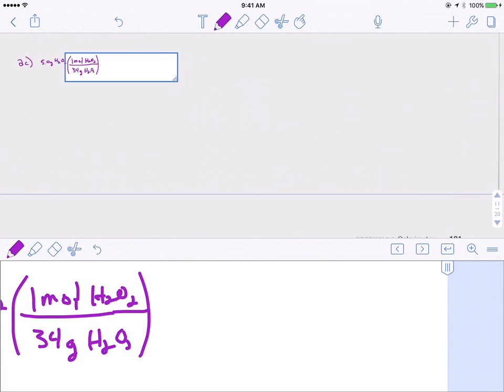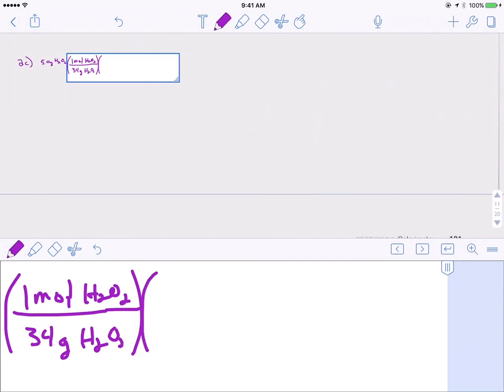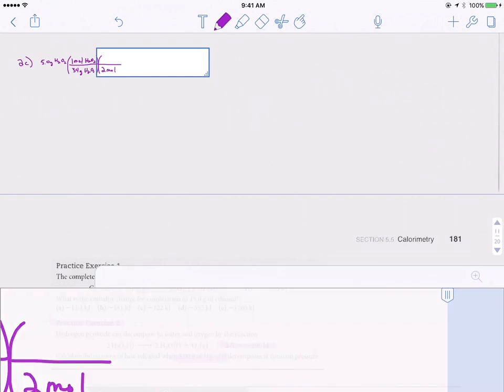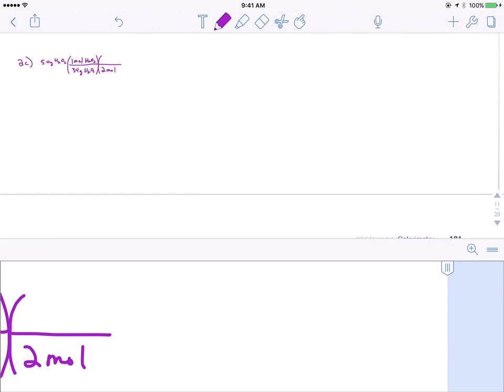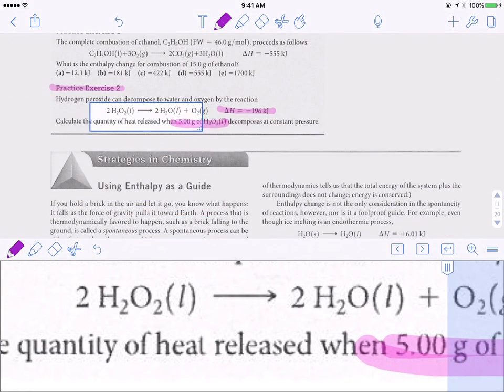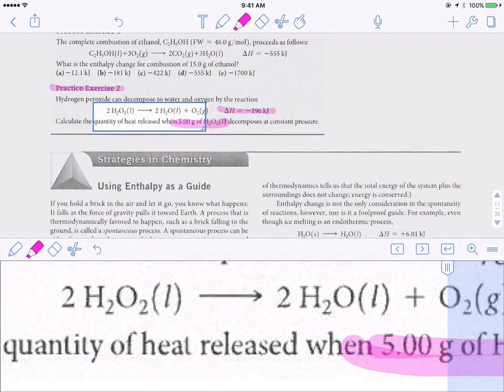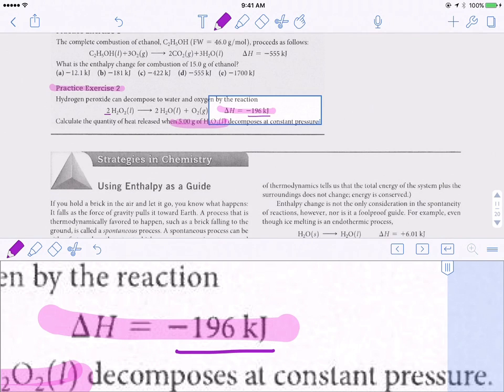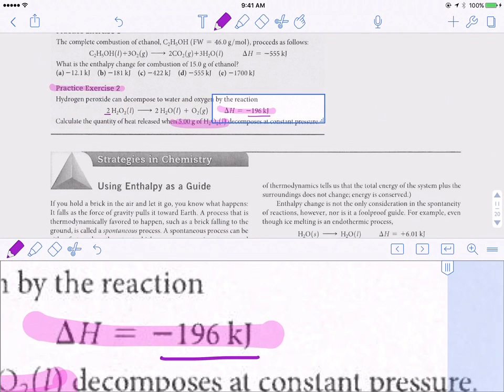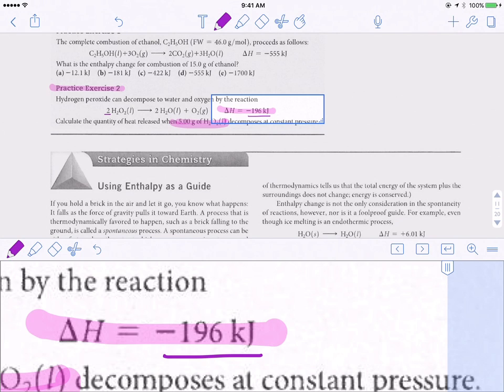Excellent. Now I'm in moles. Now, if I look at my reaction, I have 2 moles of H2O2 that will produce this many kilojoules. I have this many moles produces this many kilojoules. Excellent. Negative 196.